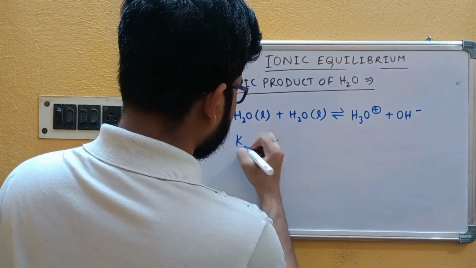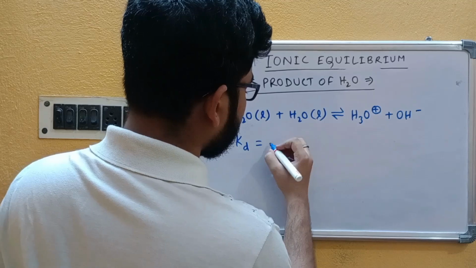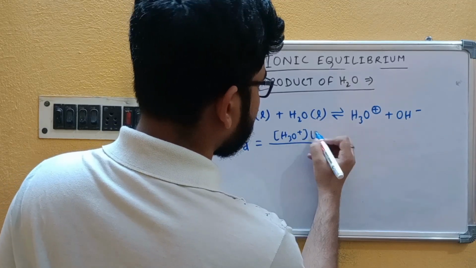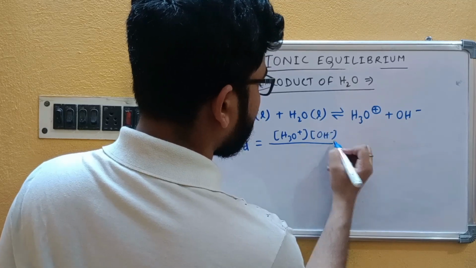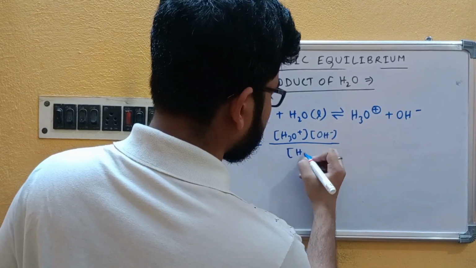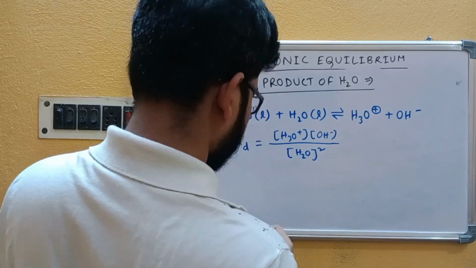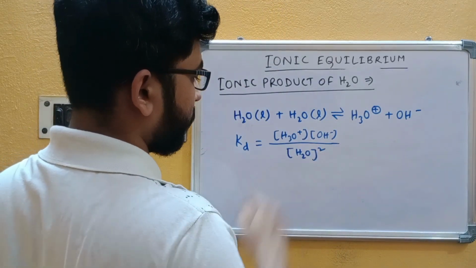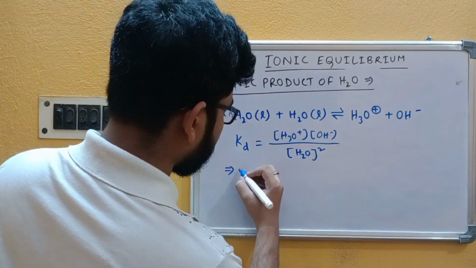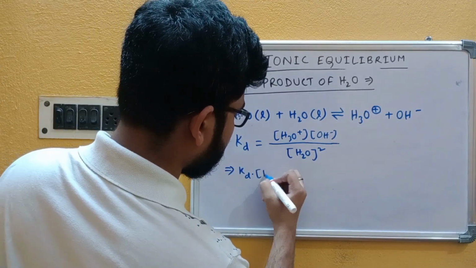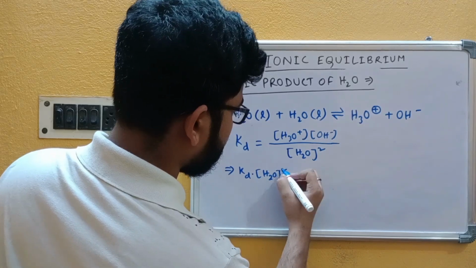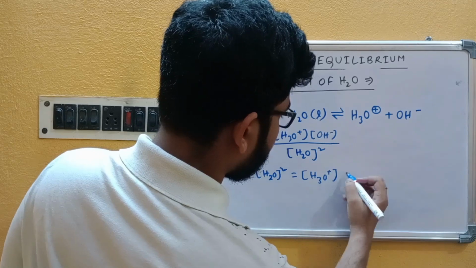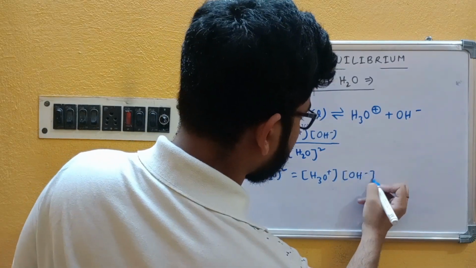Therefore, if the equilibrium constant is Kd, then it will be [H3O+][OH-] upon [H2O] whole squared, because there are 2 equivalents of H2O, that's why H2O squared. So we can write that Kd is equal to the concentration of H3O+ into the concentration of OH-.